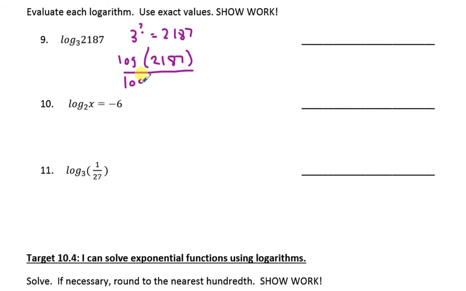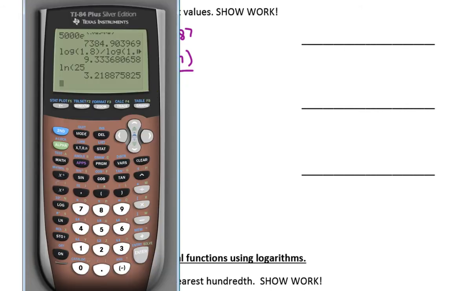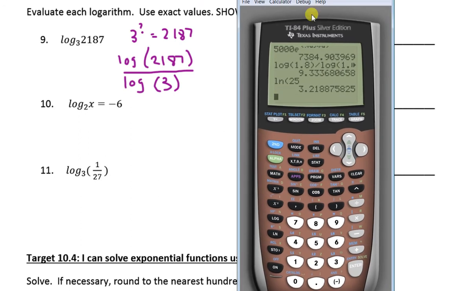Now I just say log because it's on your calculator, and you can do log base 10. You could also use any base. You could do log base 7 of that whole thing. I'm going to use natural log on the calculator just to show you.